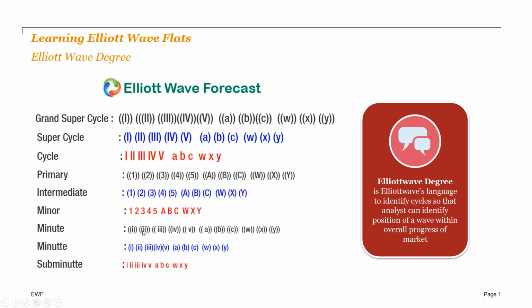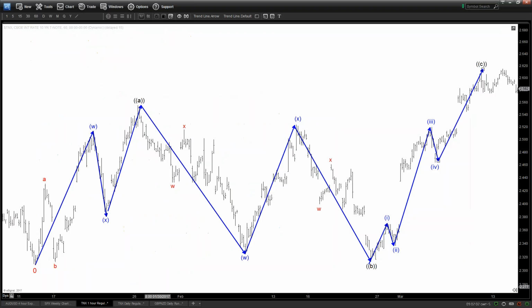One lower degree than the minute is the minuet, I guess that's how you pronounce it, and then one lower degree is the subminuet. So if you go back here, this blue one is one lower degree than the black, the red one is one lower degree than the blue, and that's how you can identify how to read the structure by understanding the different degrees. All right.